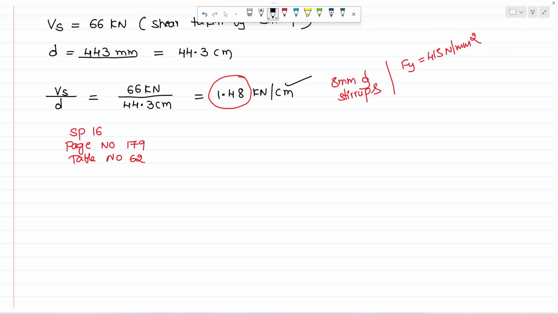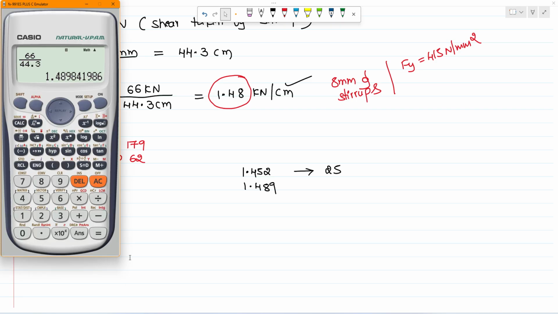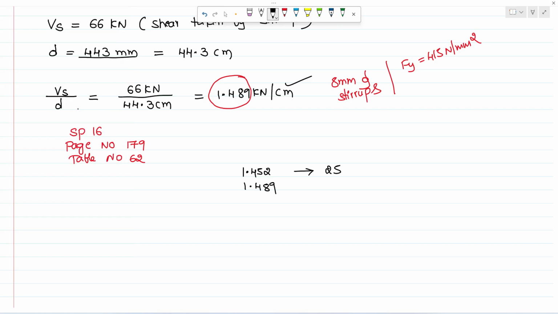So you need 1.489. Yes, this value is 1.489.